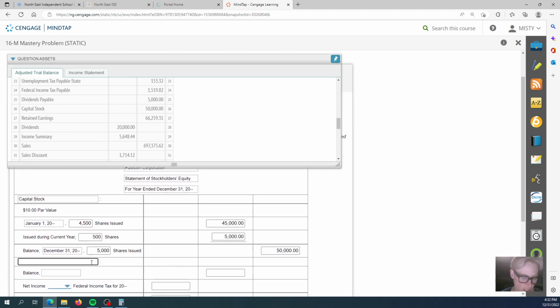The next section is going to be our retained earnings. All right. So the balance with what we started off with, that's January 1st, 20 dash.